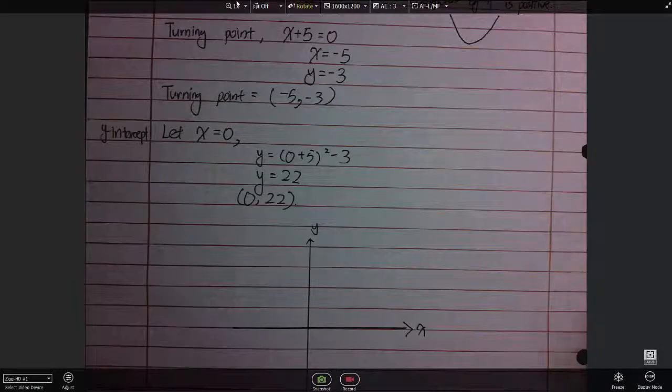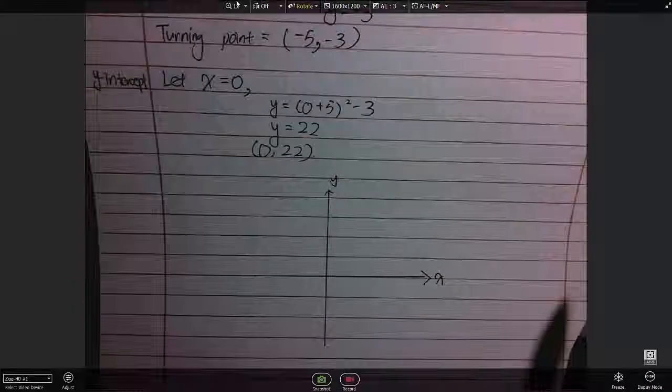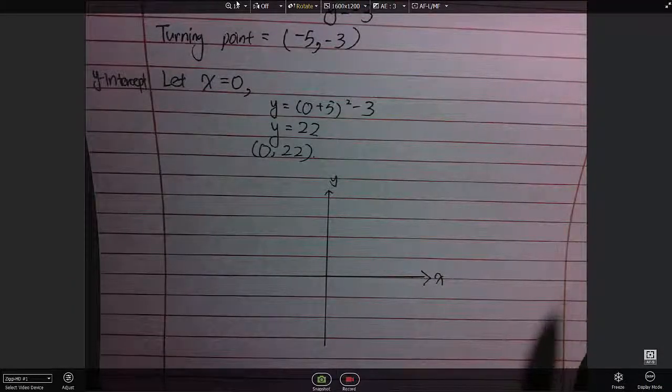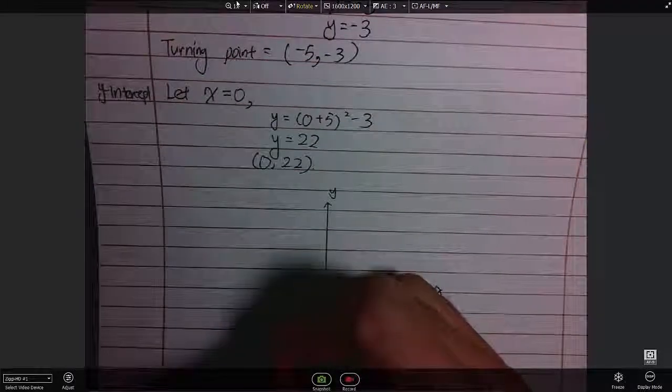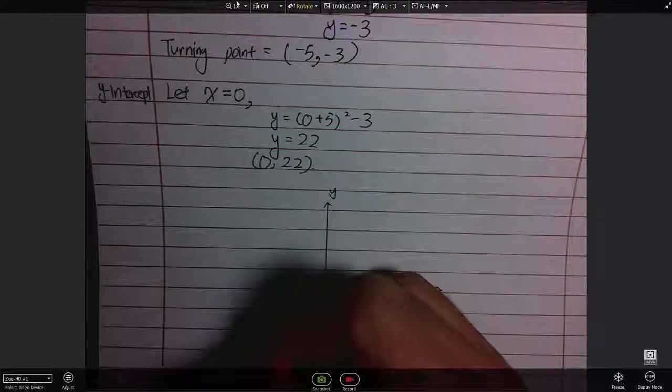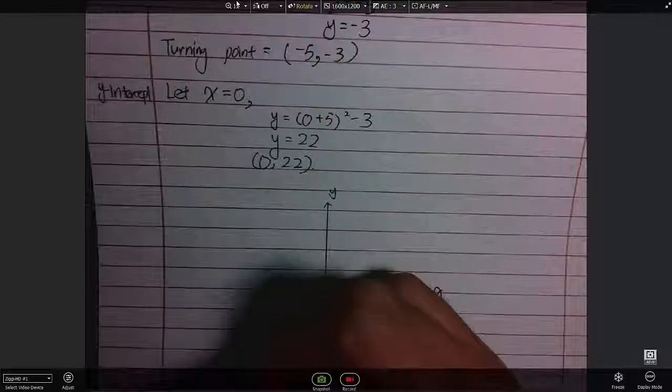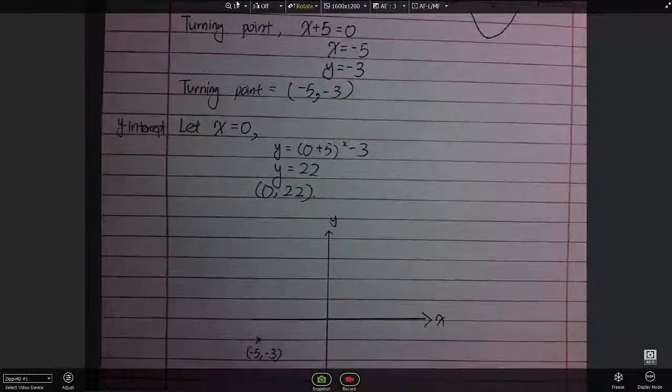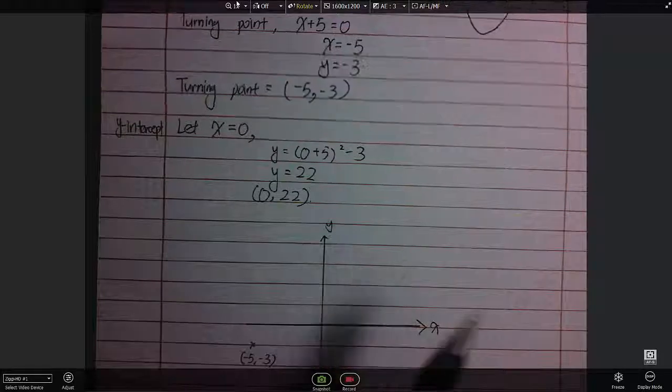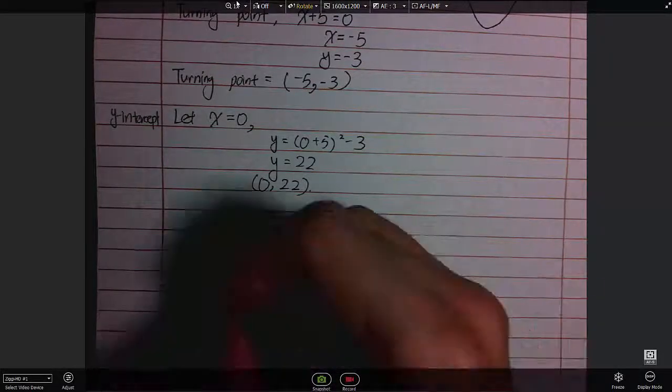My turning point is negative 5, negative 3, which should be somewhere here. It doesn't have to be super accurate. Then my y-intercept is 0, 22, so we expect it to be somewhere here.